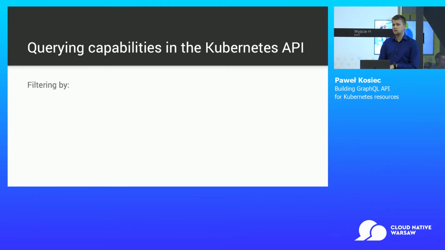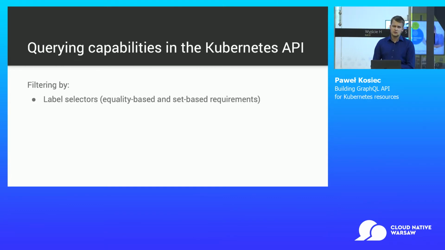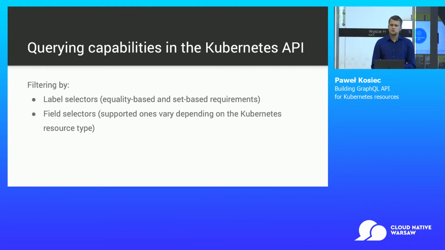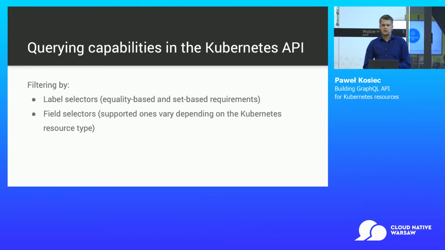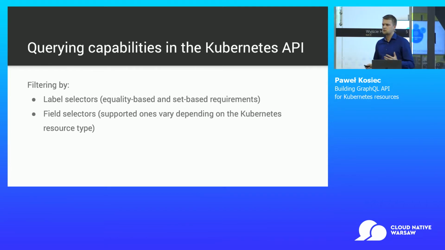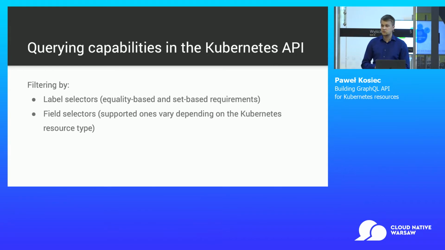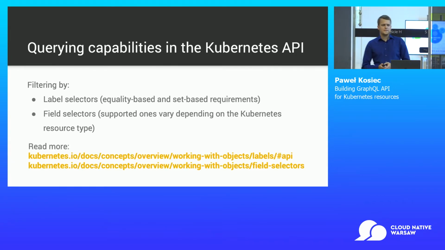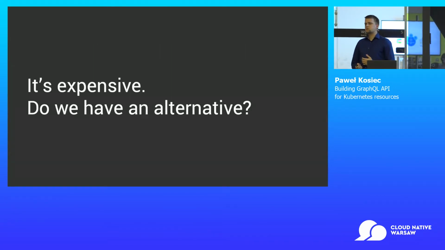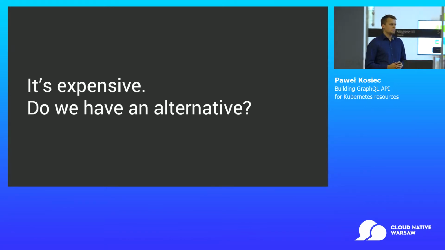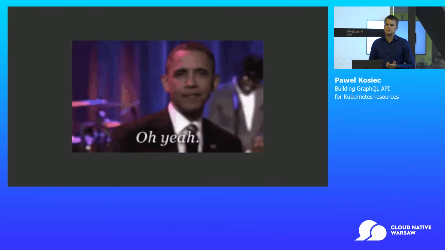And we have two options. We can filter resources by label selectors and field selectors. But field selectors are very limited because the support varies between Kubernetes resource types. And the problem is also that it's expensive, right? So do we have an alternative?